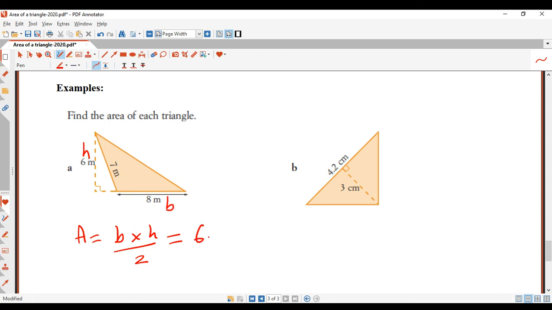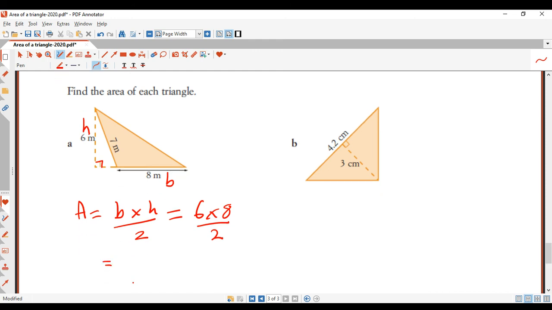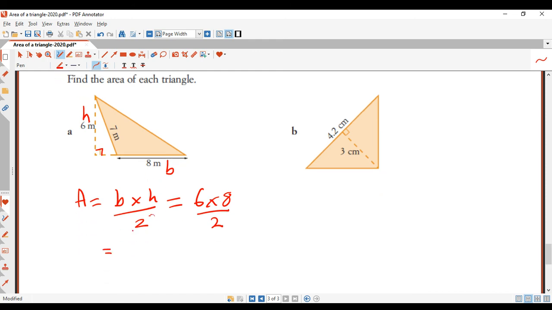We just need the base and the height. Now the base and the height have to be at 90 degrees to each other. You can see that there. There's a 90-degree angle. Divided by 2. And that should be 48 divided by 2. You can just use your calculator for that. And that's 24 square meters.